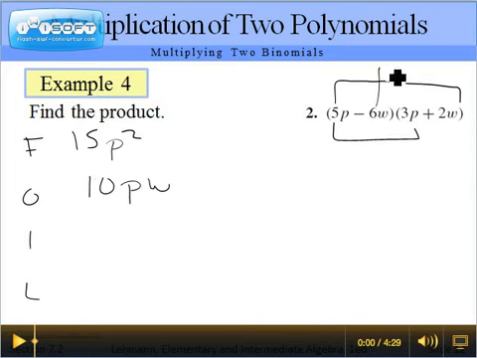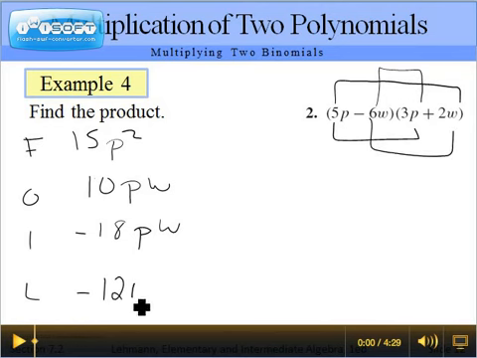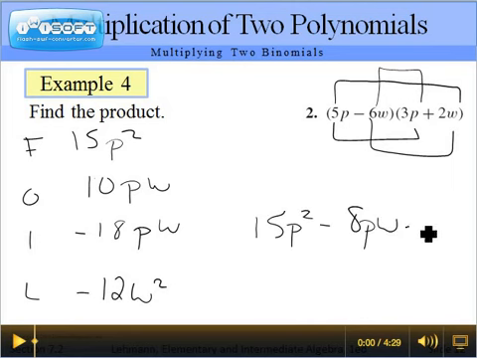I would have negative 6w times 3p, which would give me negative 18pw. And then I would have negative 6w times 2w, which gives me negative 12w squared. So when I combine like terms, I would have 15p squared minus 8pw minus 12w squared.